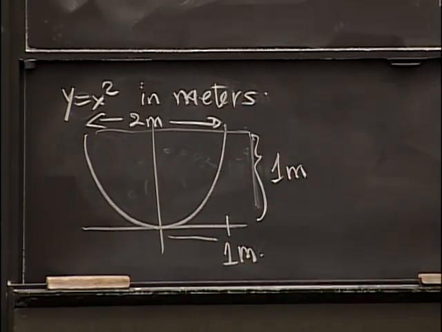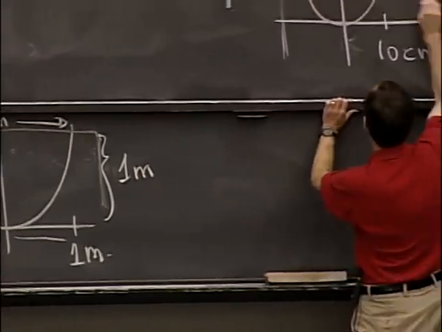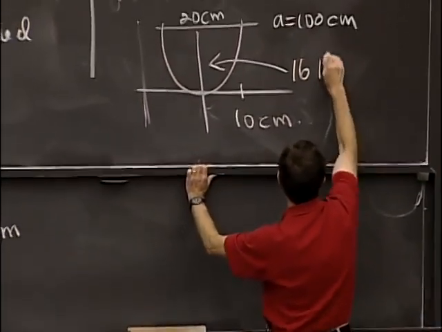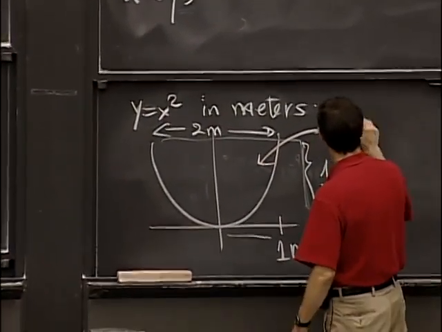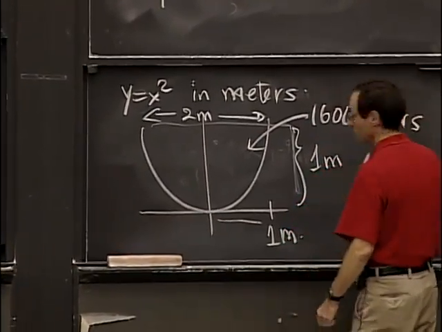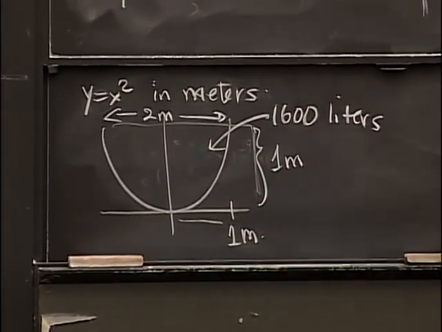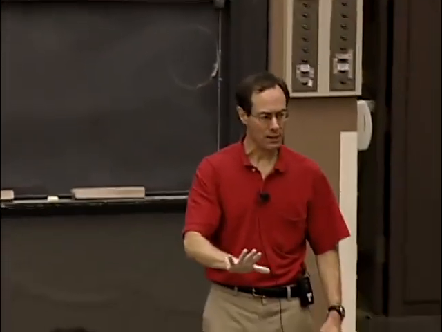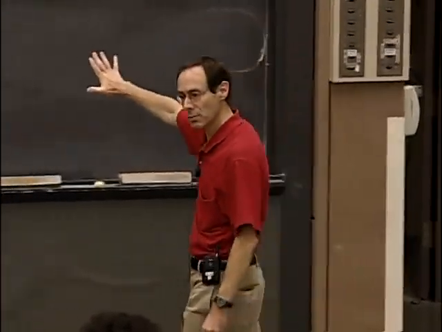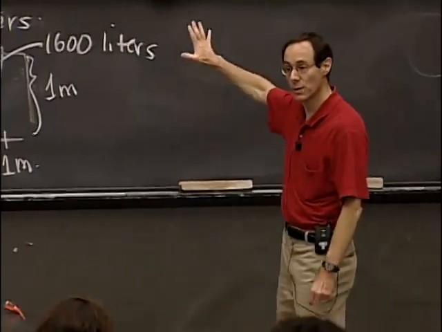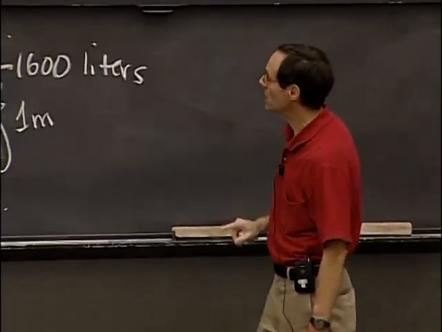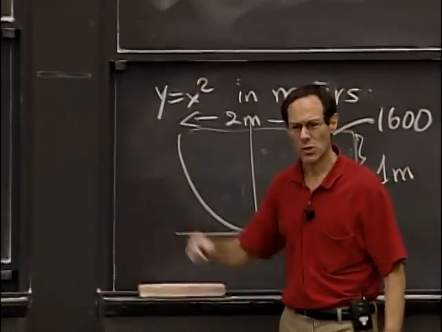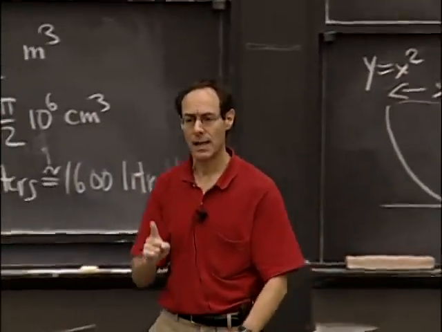Now, it's easy to check that it's pretty reasonable in terms of scale, that this one has 16 liters in it, and this one has 1,600 liters in it. So you actually have to know what your symbols mean when you're dealing with these kinds of applied problems. If you're ever really going to do something with real consequences, you have to know what the units mean. And the problem with the equation y equals x squared is that it violates scaling rules.